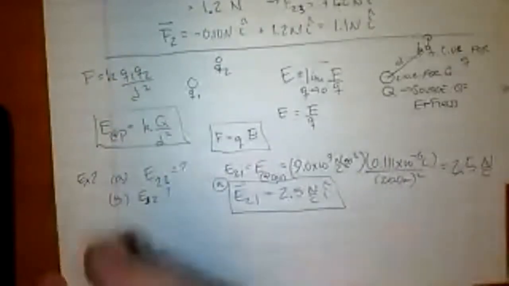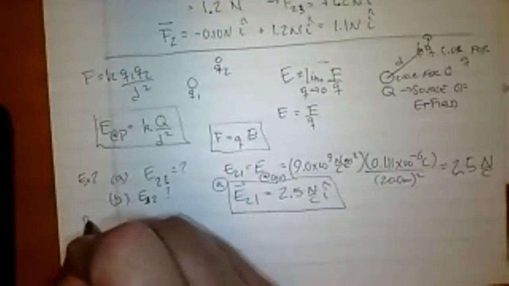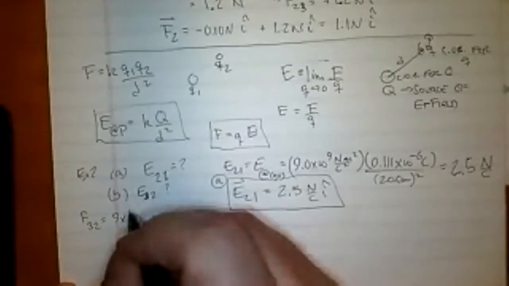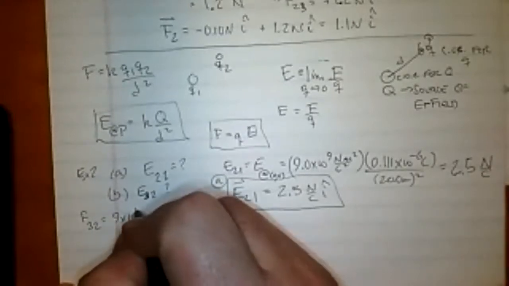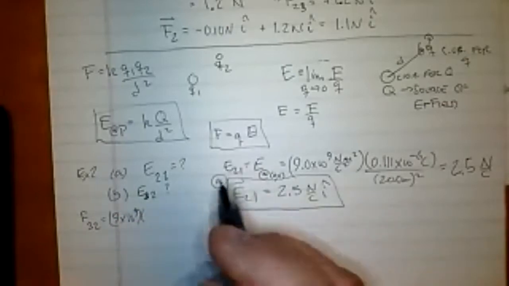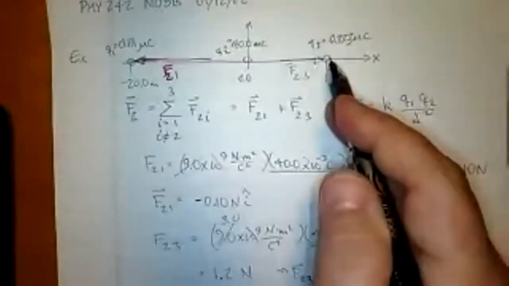Part B, we're going to say E32 is again 9, I'll leave off the units this time for space, 9 times 10 to the 9th. Again, in this case, we're using the charge other than the middle one as the source. So we're using the 1/3 microcoulomb.